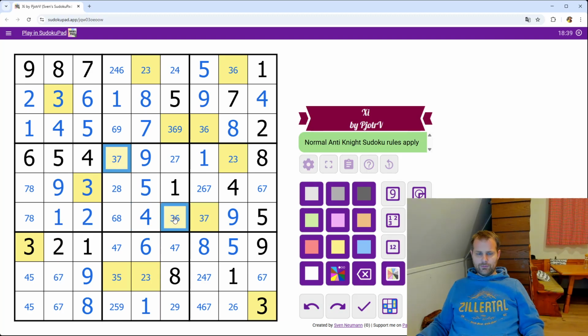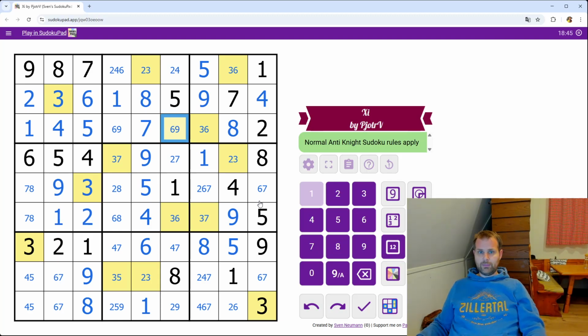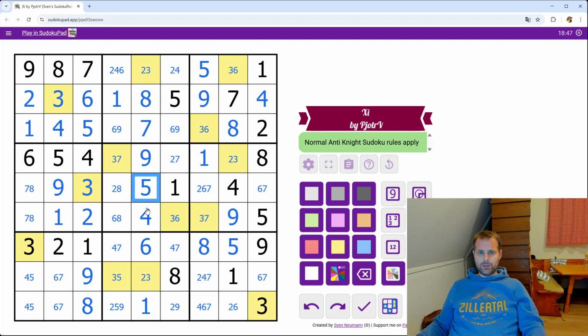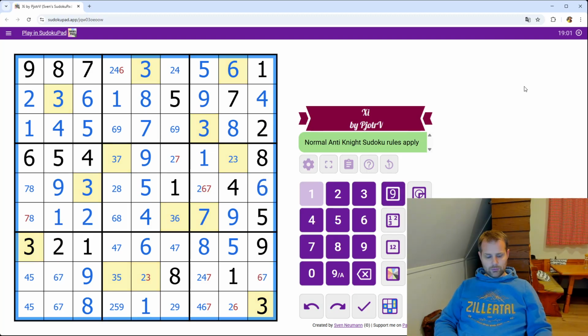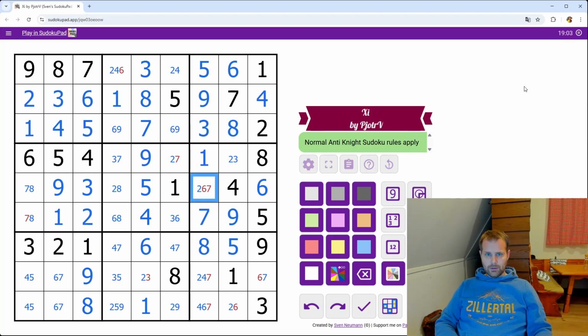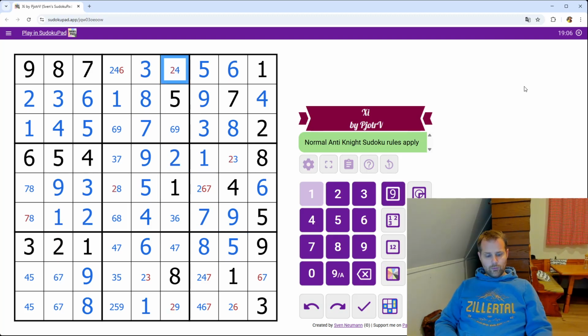So these 3s look both at this one, so this can't be 3, and this is opening up everything. So now this is a 3, this is a 3, this is a 6, 7, 6. I'm going to uncolor everything. 2, 4, 2, and now everything starts to fall apart. So that's the final trick you need.